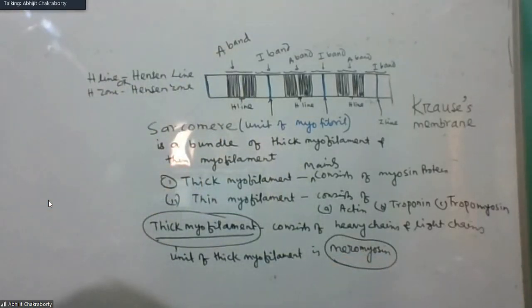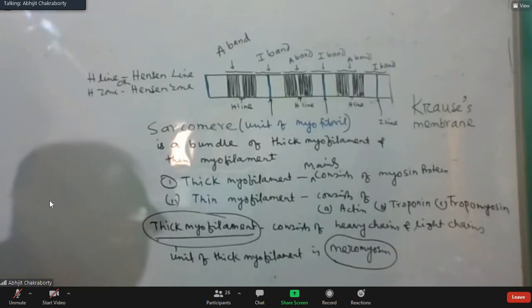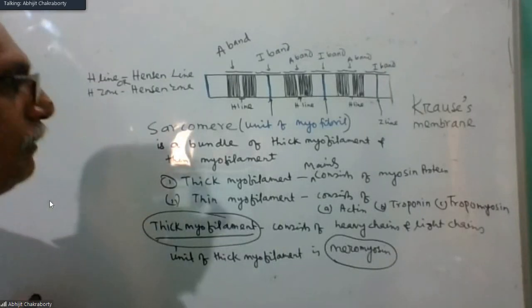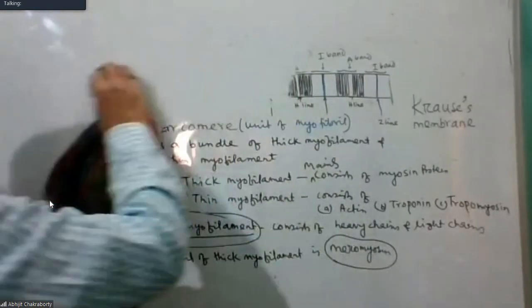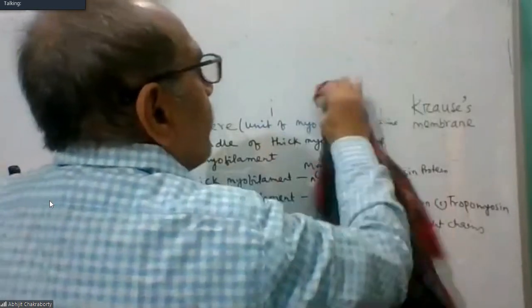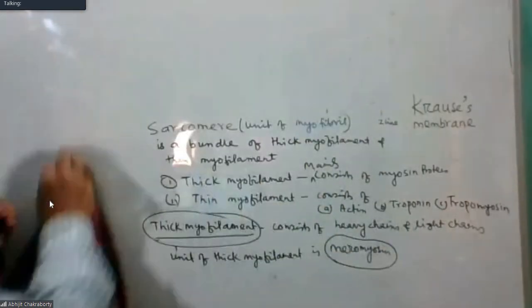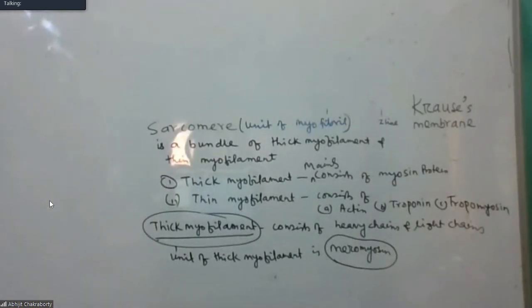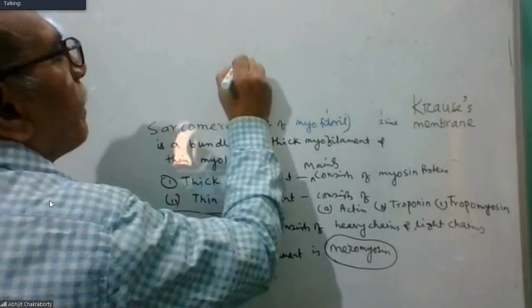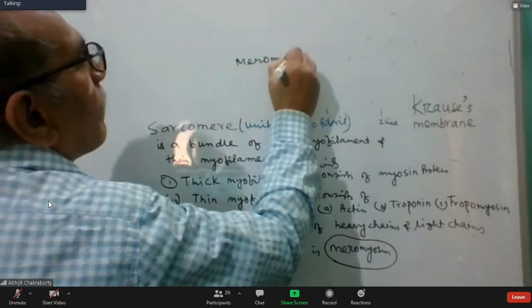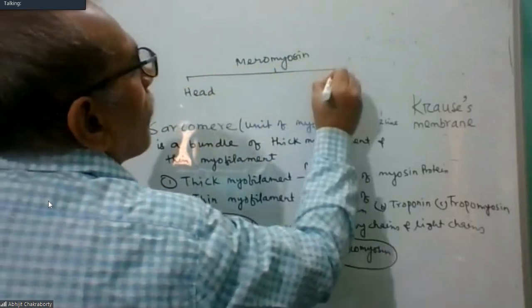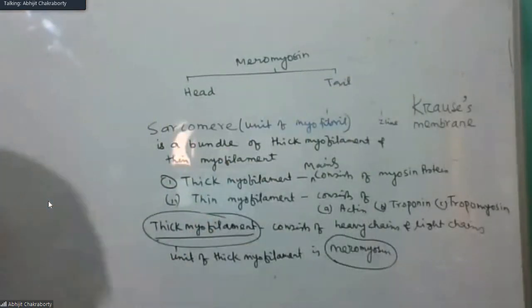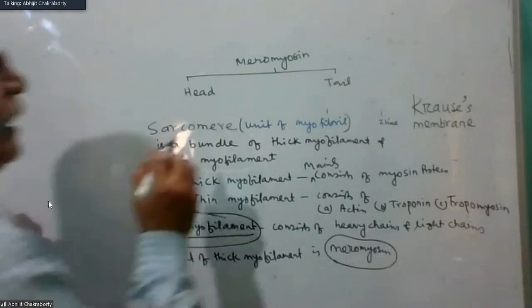And meromyosin consists of two parts. I have to rub the upper part, please, now. One is head, other is the tail. So it appears like this.